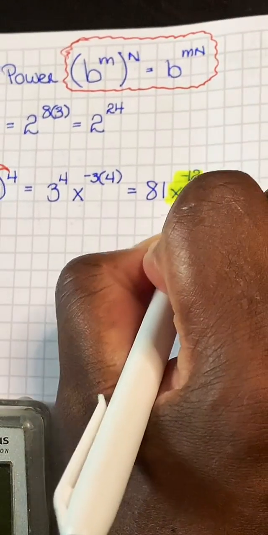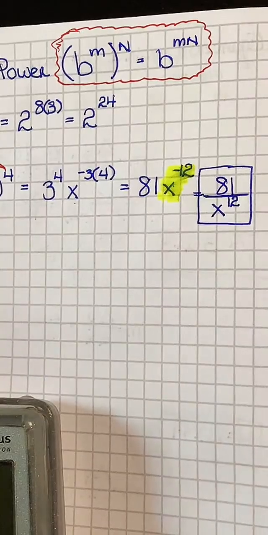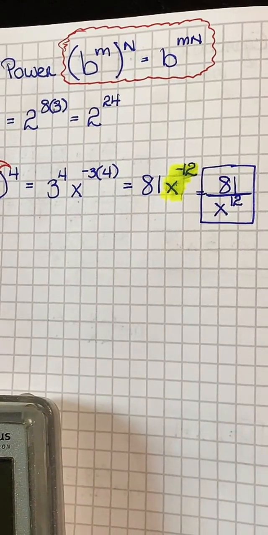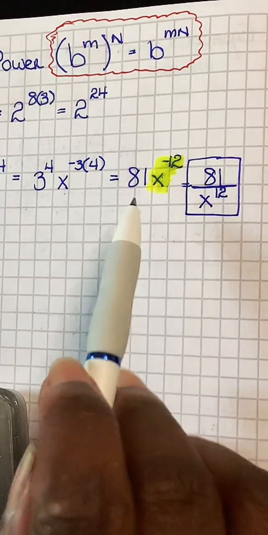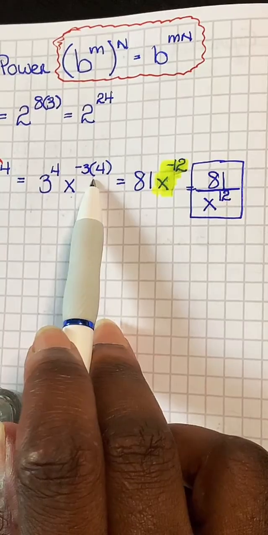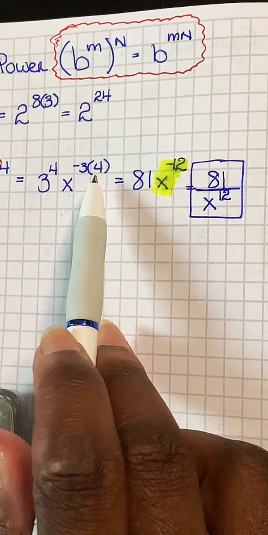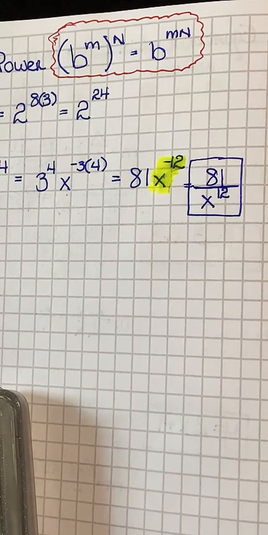So this looked at basically like 2, possibly 3 different properties. Okay? We had the negative property. We had the power to the power. All right? And then the next part, which is called product to a power, really.